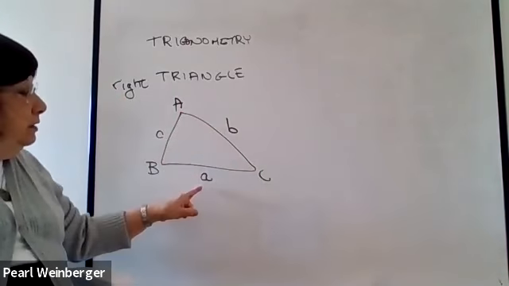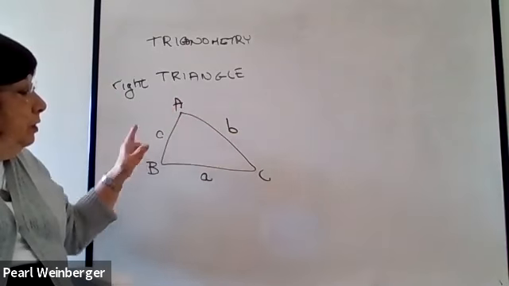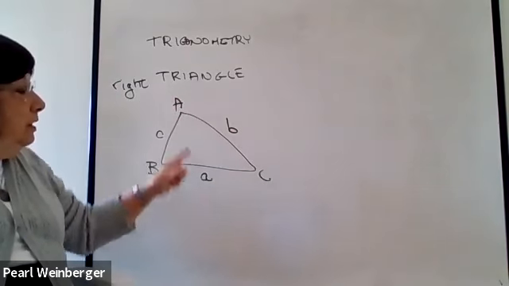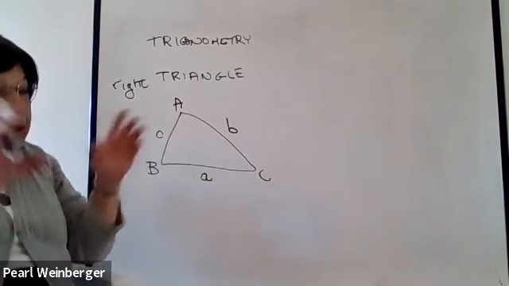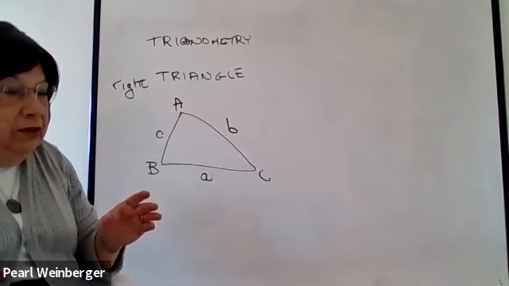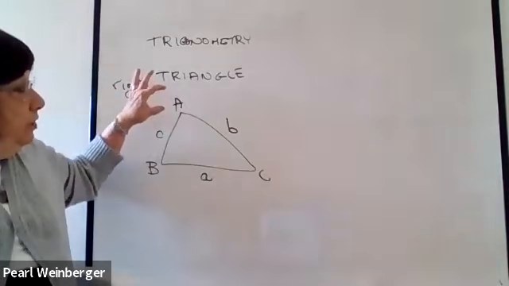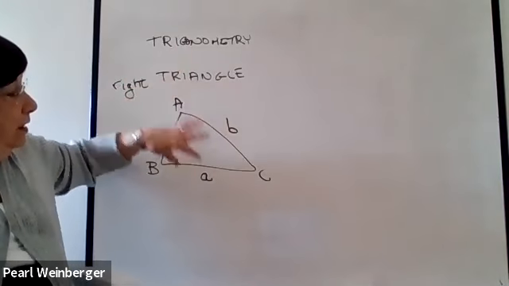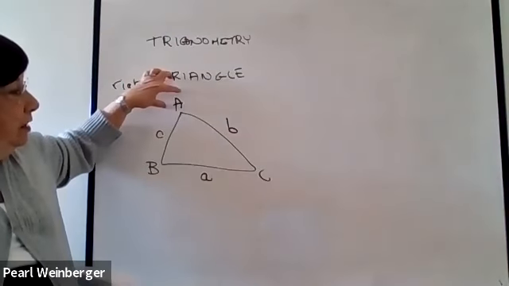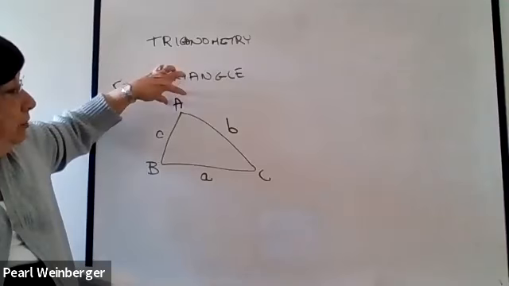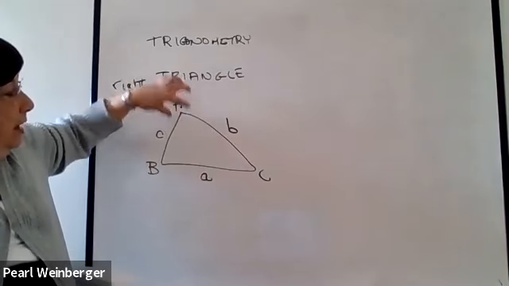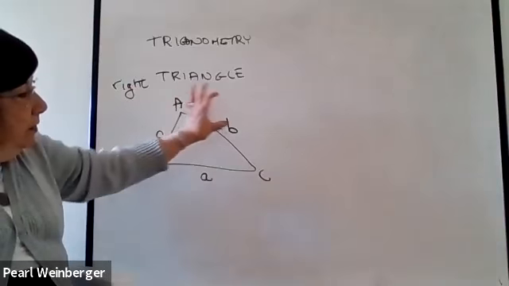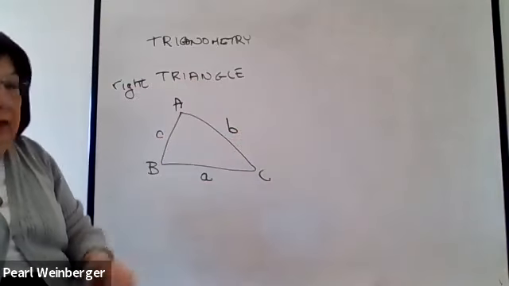And lowercase letters for the sides, and you can't just put those letters indiscriminately. They go in a very specific way, so that the capital and the lowercase are always across from each other. The A and the A, the B and the B, the C and the C.